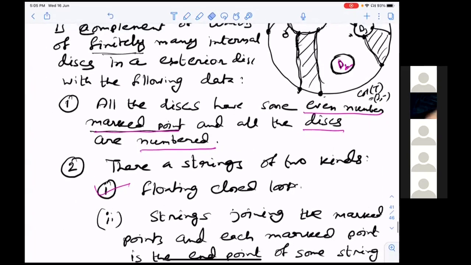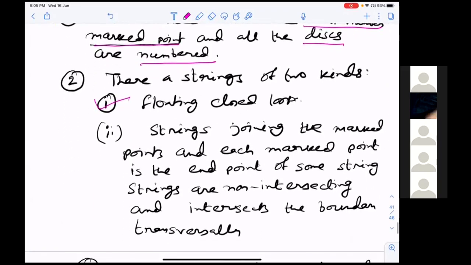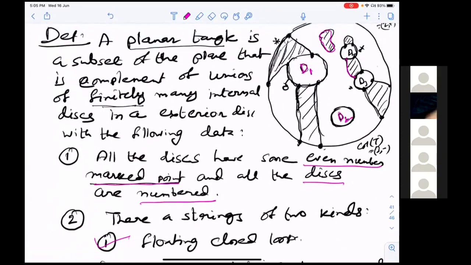The other strings join marked points, and can join between various internal disks also, like this marked point and this marked point joined by a string. This is also part of the data. But one important thing is that these strings should intersect the boundary transversally, meaning they cannot touch it like a tangent. This excludes that case.